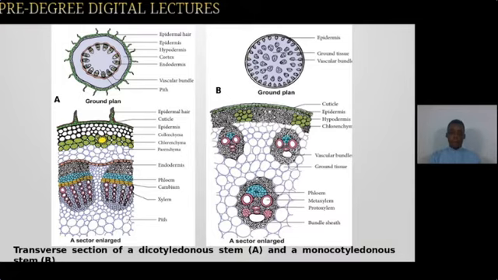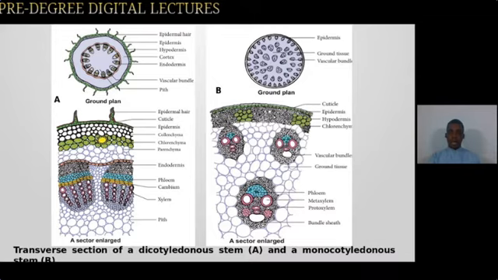Here is a comparison of the transverse section of a dicotyledonous stem and a monocot stem. So the dicot stem is on the left hand side, the A, and then the monocotyledonous stem is on the right. We can see how the vascular bundles are arranged in the dicot stem and how they are scattered in the monocot stem.